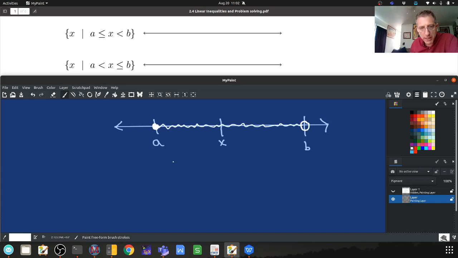So this would be denoted as closed, open. So this is an interval that contains A and all numbers greater than A, not including B.